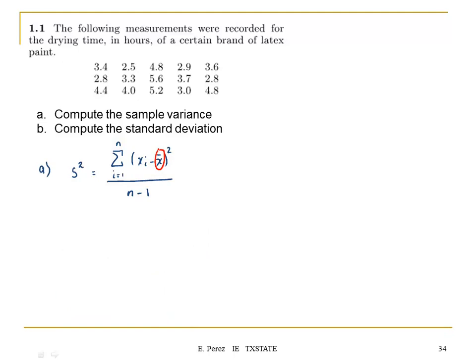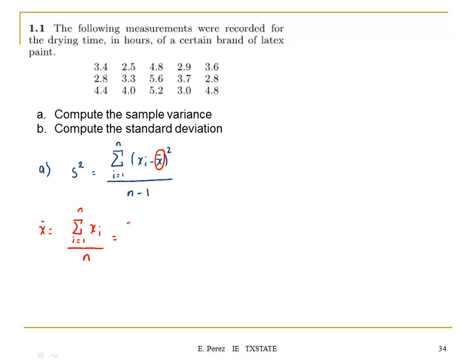estimator first. So the estimator x bar is just the average, the sample average, which is the summation of i equals 1 to n of each xi divided by n.